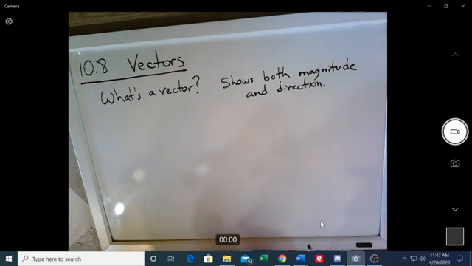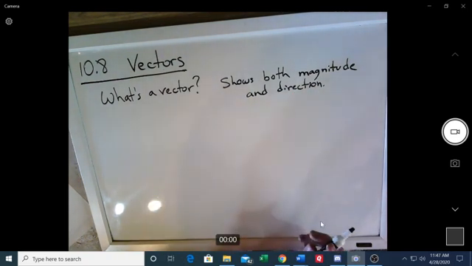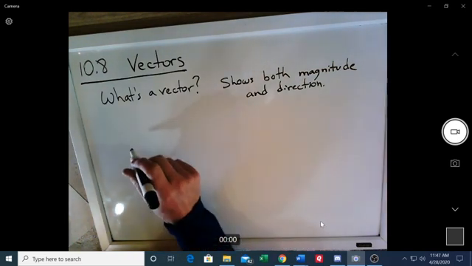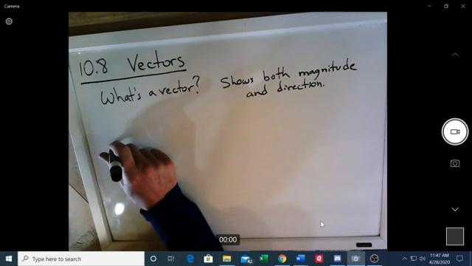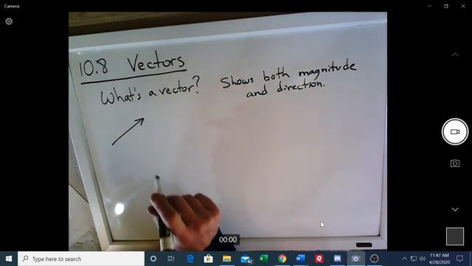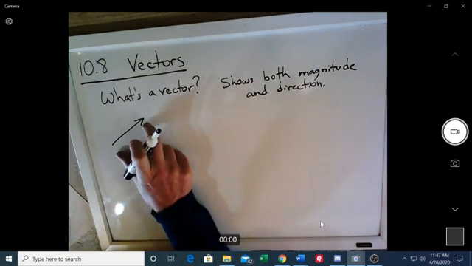And so how do we contain both? We're going to have to do something like this. We will take this and we will put, this will be our vector.